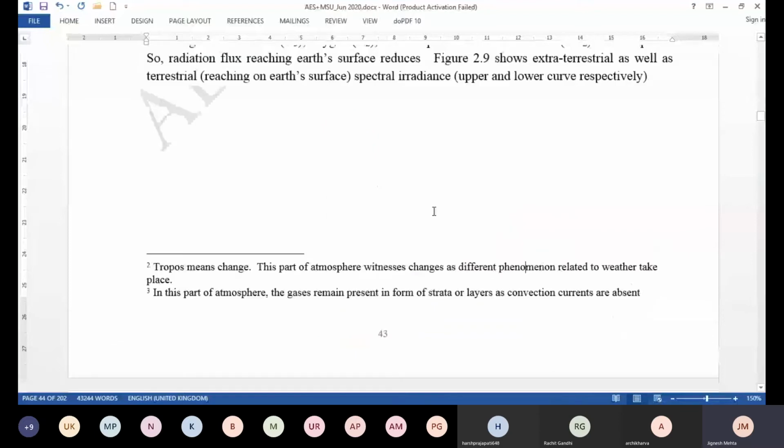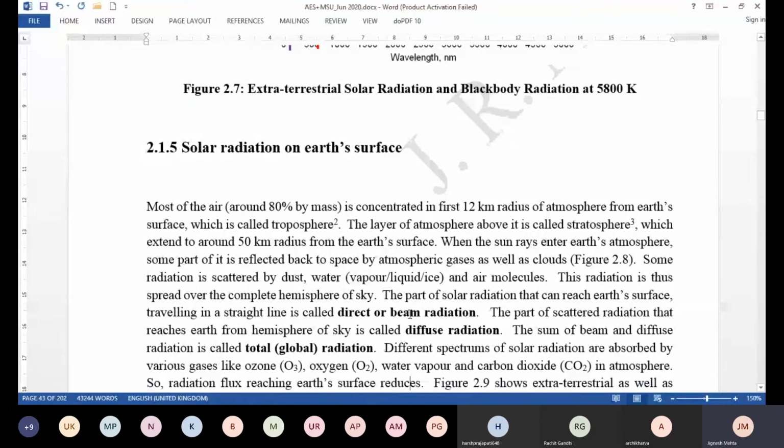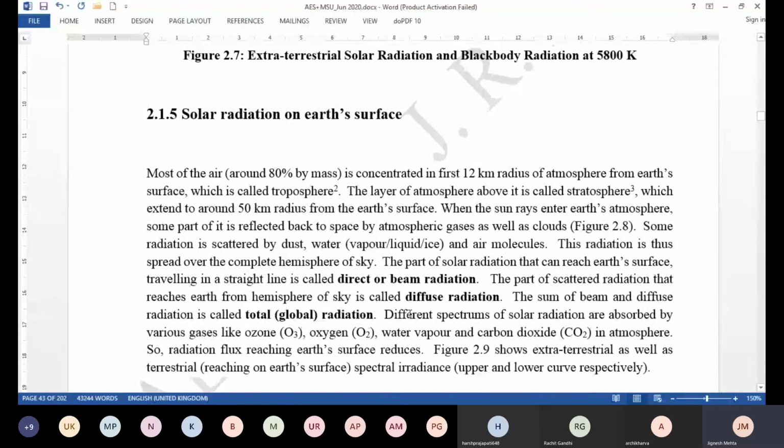Different phenomena occur to the sun ray, which is able to travel directly as direct beam radiation, but a large part of it is getting scattered, and some part is absorbed by different gases, starting from ozone to oxygen, water vapor, and carbon dioxide.